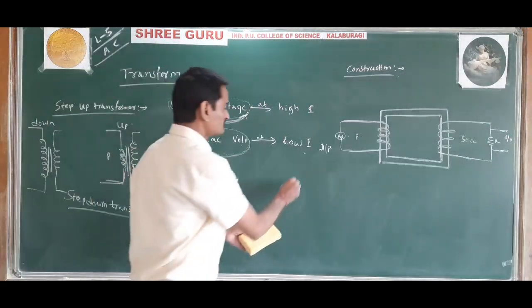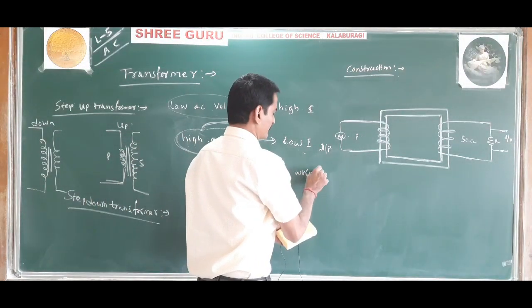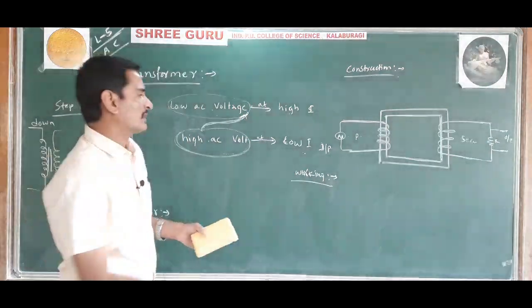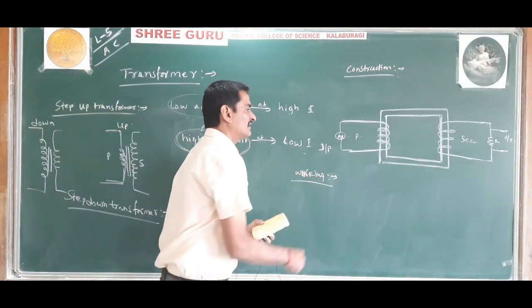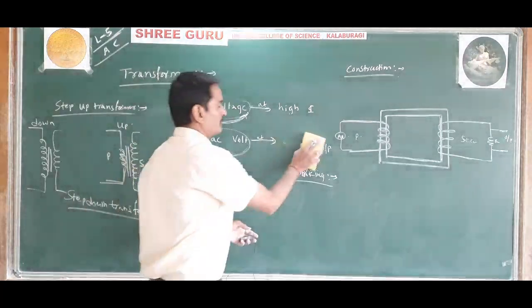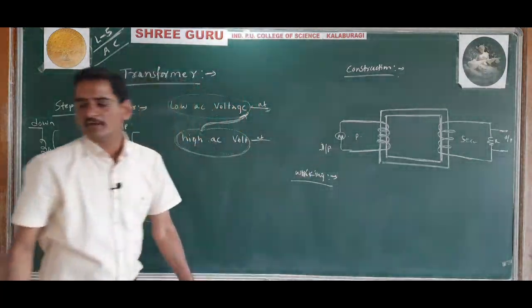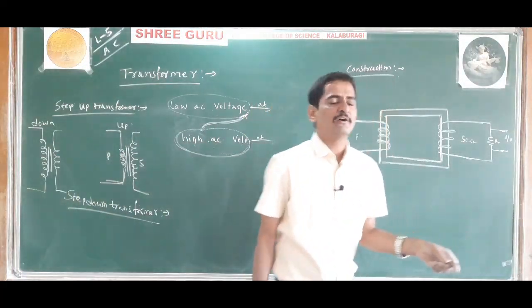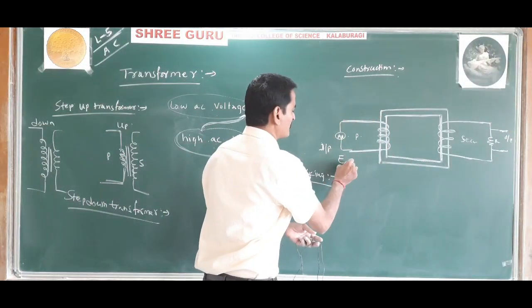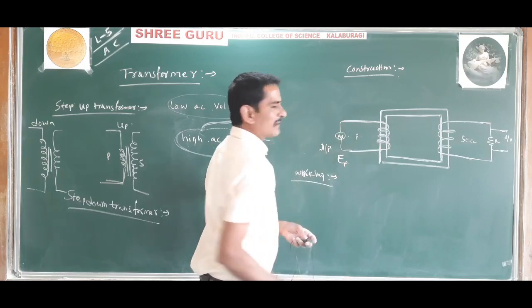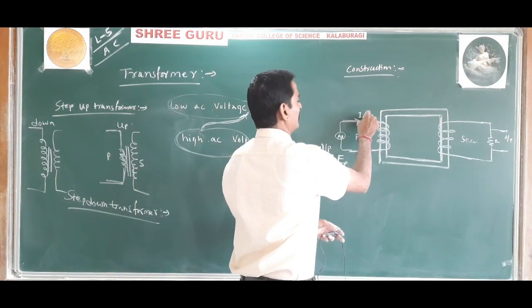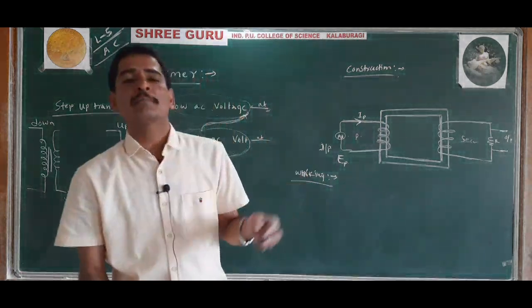And now working. Okay, understand carefully. When an alternating EMF EP is applied to the primary coil, an alternating current flows through the primary coil.